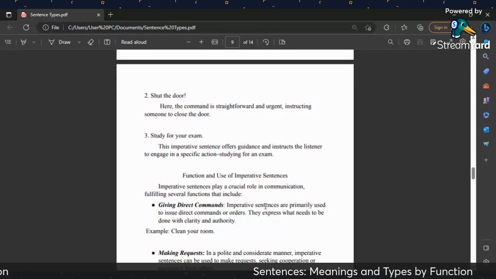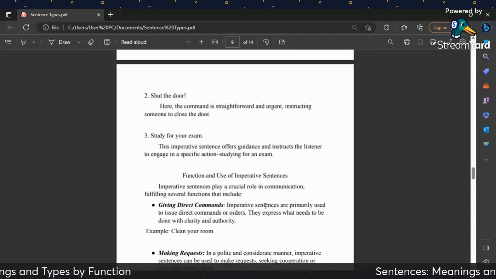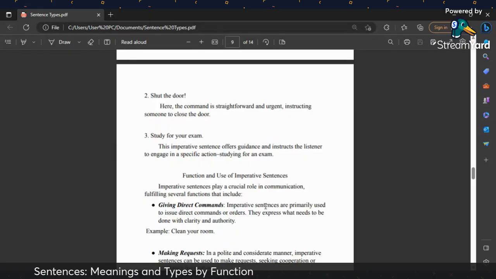And most of the time when you use it to express direct orders or commands, you are expressing what you need to be done with clarity and authority. Clean your room.